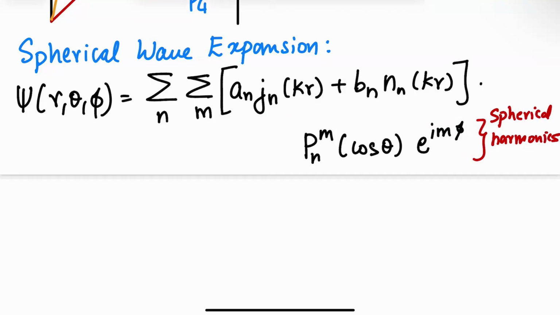Sometimes they are written as Y_nm(theta, phi). So any function that lies on the surface of a sphere can be expanded in terms of just this part.